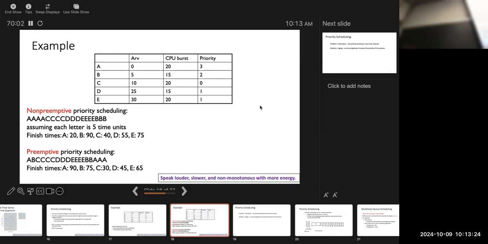Yeah, so you need to scan the whole list of ready processes to find a process which has the highest priority, and maybe it is the last in the queue. So there will be a huge scanning time, a search time, right? So we will talk about how we can handle this in a different algorithm, address that issue in a different algorithm.